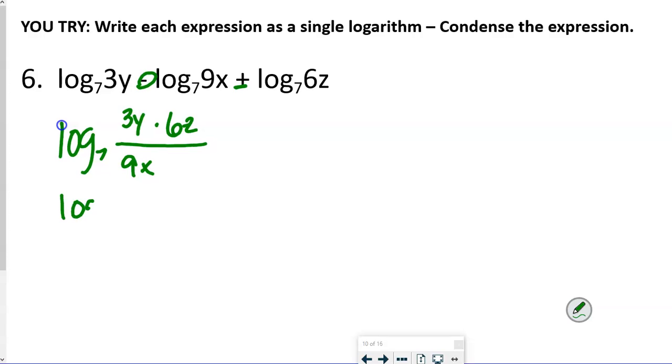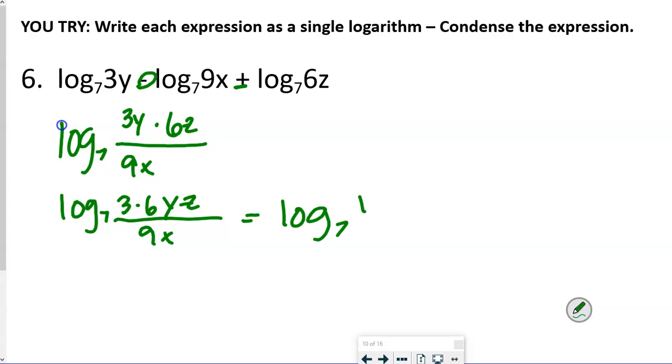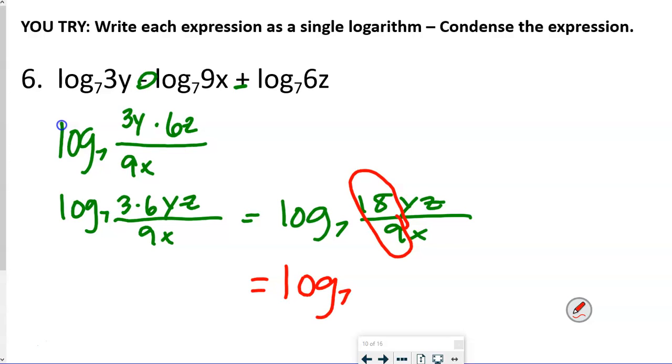So this is going to be log base 7 of 3 times 6 yz over 9x, which is equal to log base 7 of 18yz over 9x. And once again, hopefully you can see that these are coefficients and they can be simplified. 18 divided by 9 is 2. So our final answer is going to be log base 7 of 2yz over x.